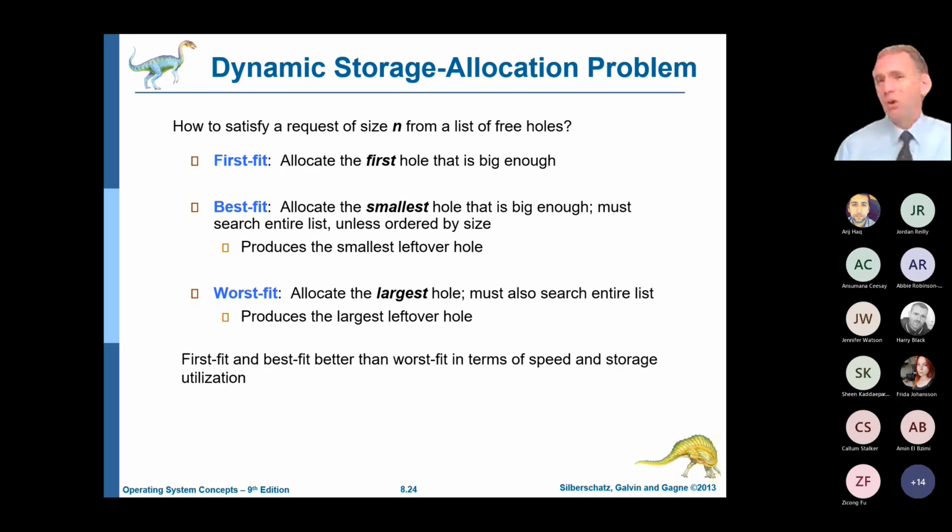Of course, if it is small, then the only thing that will fit in that leftover space is a really small process. So maybe you do it the other way about. Maybe you put it into the largest hole that you have available, on the basis that that then leaves the biggest available space, which might be more suitable for more processes.